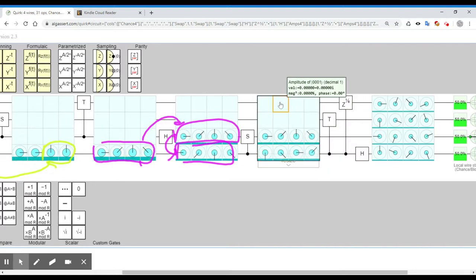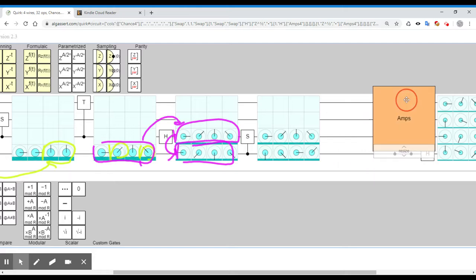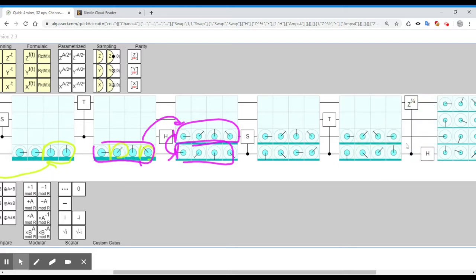Then when you got a T, what this is doing, my God, it's rotating, or this is a 1, so it's rotating only these 4, right? Yeah. These 4.